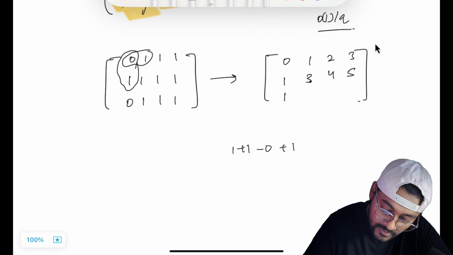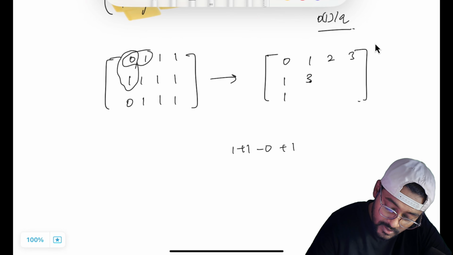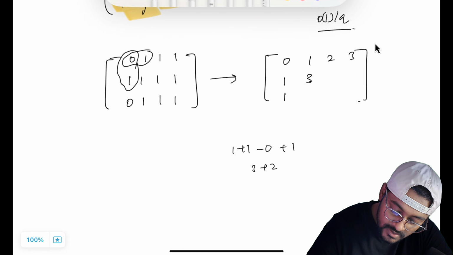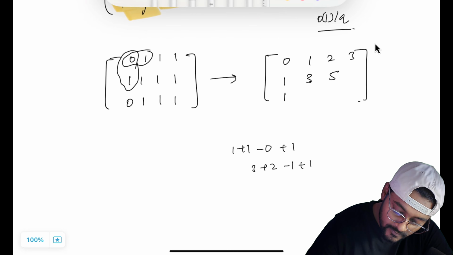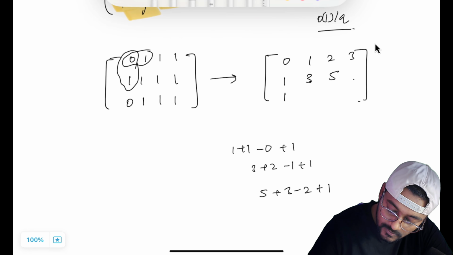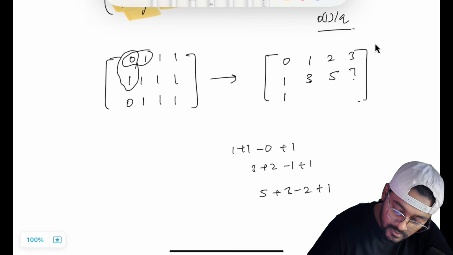4 5 6 7, not 4 5. 3 plus 2 minus 1 plus 1, 5. And the next at this position, 5 plus 3 minus 2 plus 1, 7.